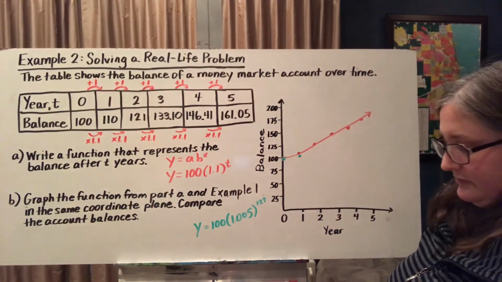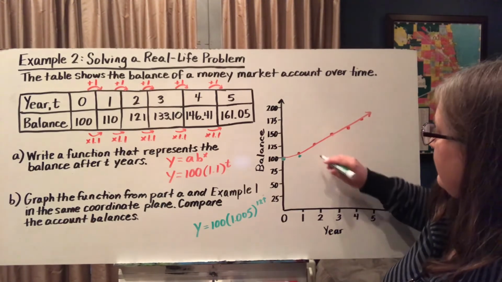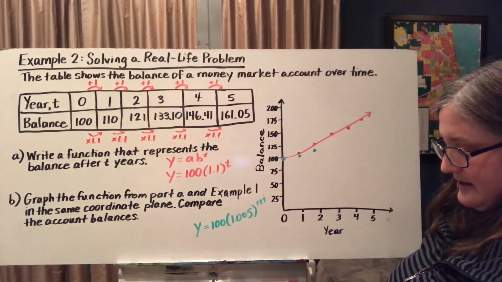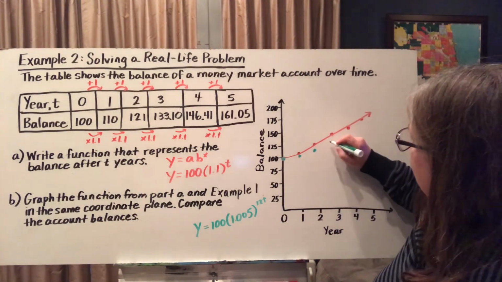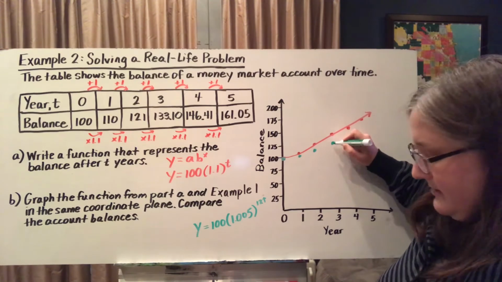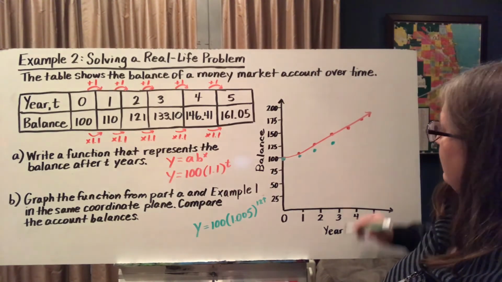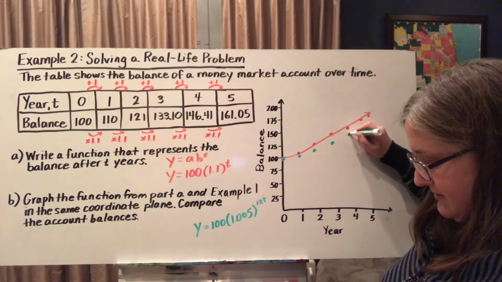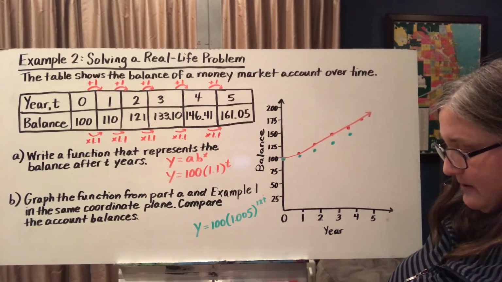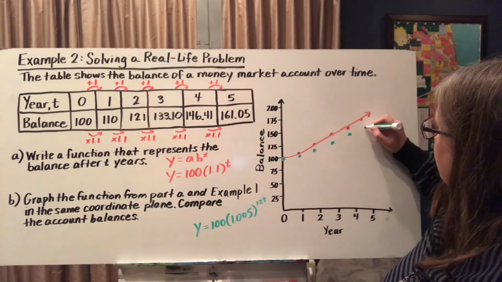Then when I plugged in 2, I got 112.72. When I plugged in 3, I got 119.67. Plugged in 4, I got 127.05. And for the last one, I plugged in 5 and I got 134.89.